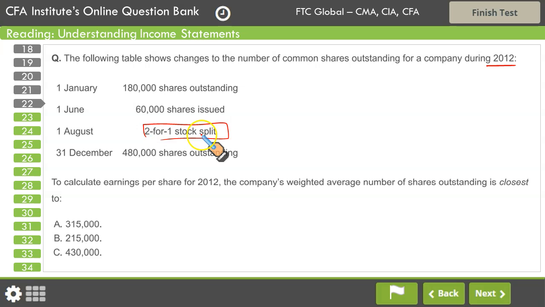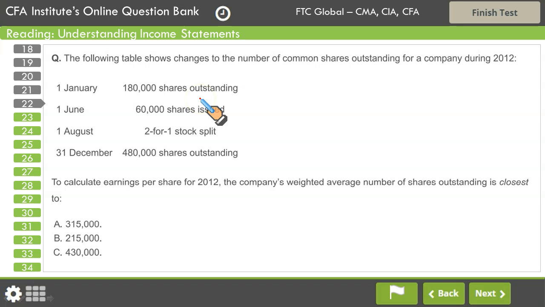Whenever you see a stock split or a reverse stock split, 2 for 1 is a stock split, 1 for 2 is a reverse stock split. Whenever there is a split, the recommended approach to calculate earnings per share or diluted earnings per share is to go transaction by transaction.